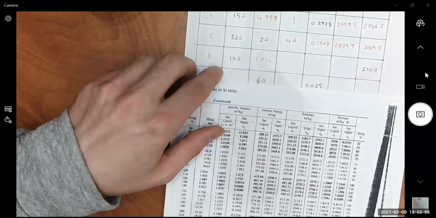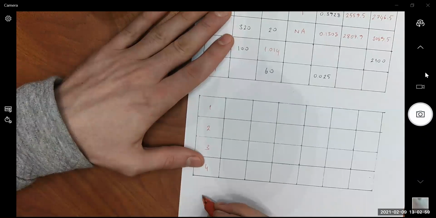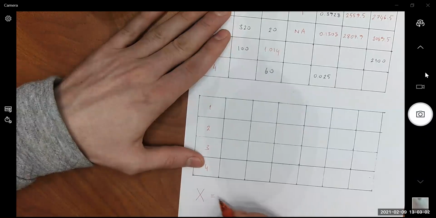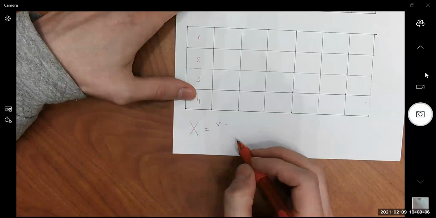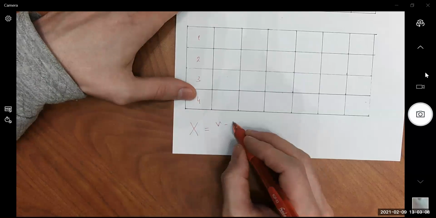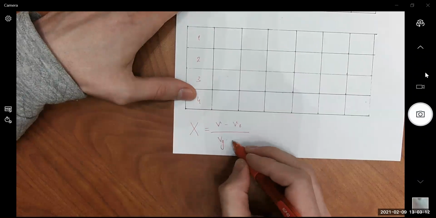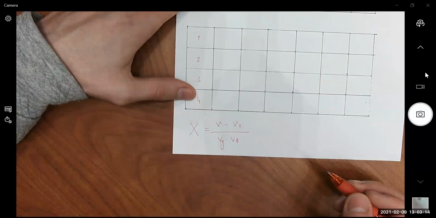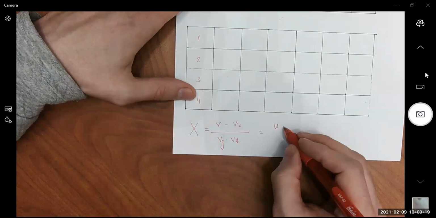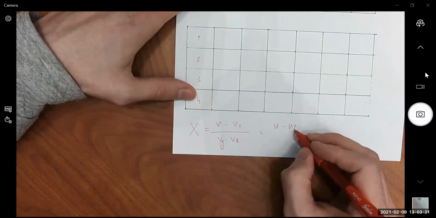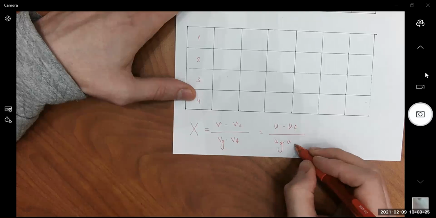Remember how we calculated our quality. X equals, if you know the specific volume, V minus Vf over Vg minus Vf. If you know internal energy, U minus Uf divided by Ug minus Uf.